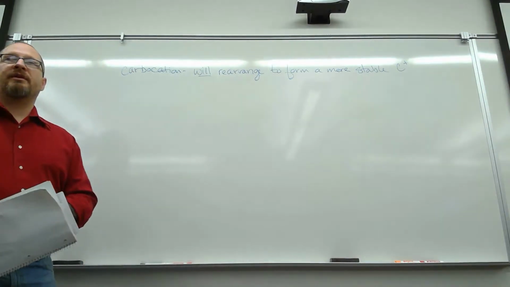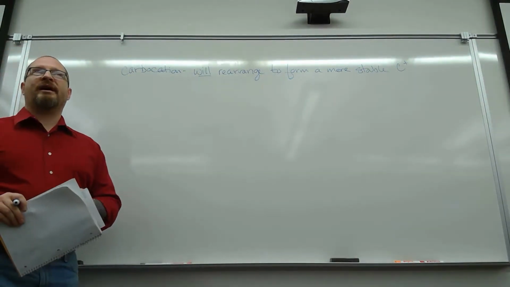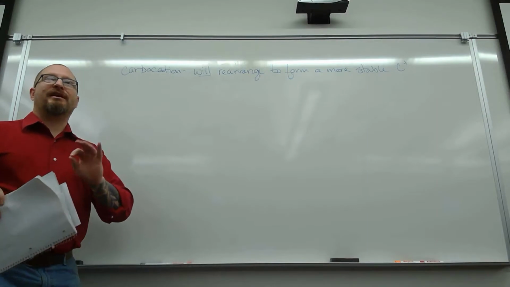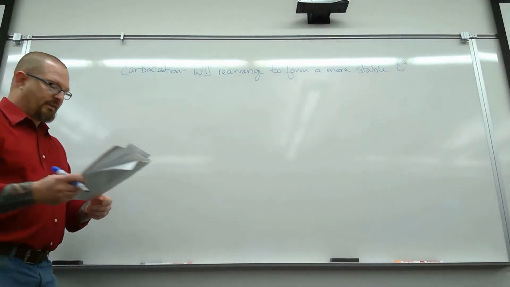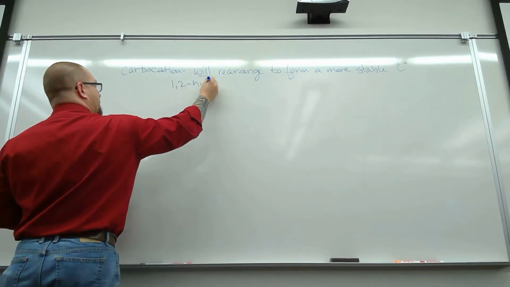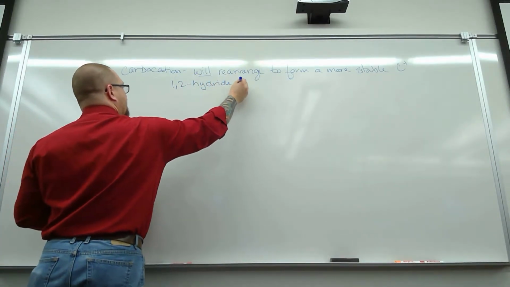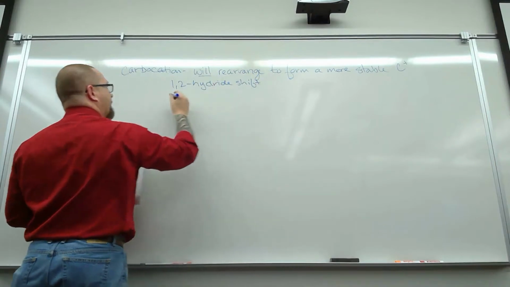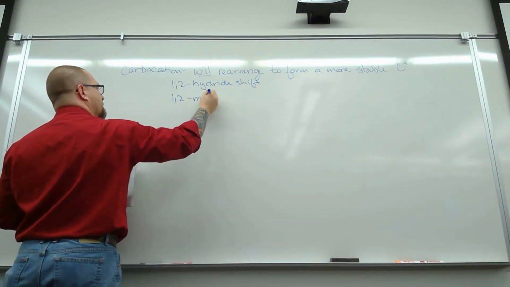And this is going to result in combinations of products. So let's take a look at what that looks like. There's 2 ways it can do it. We can do it through a 1,2 hydride shift and a 1,2 methyl shift.